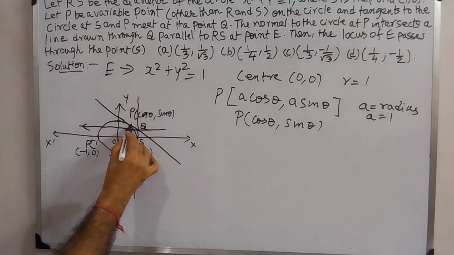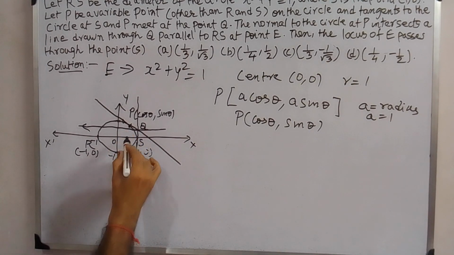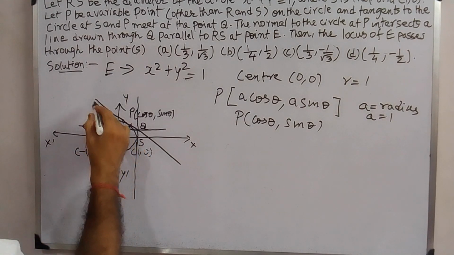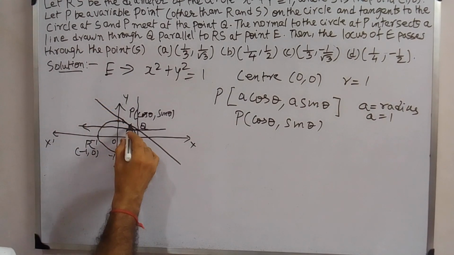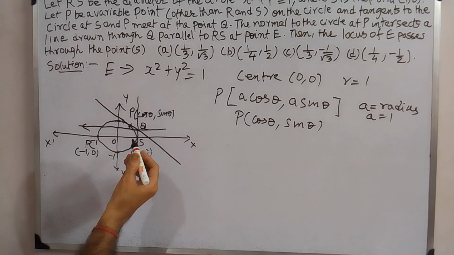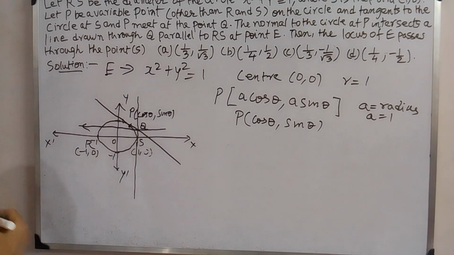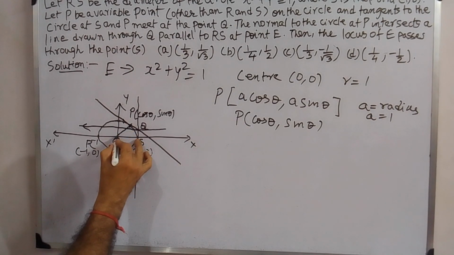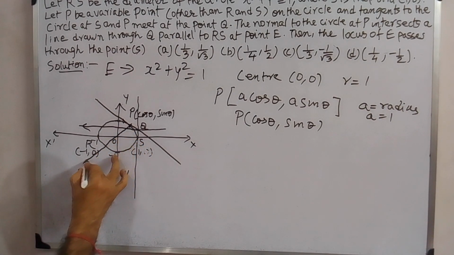Okay, so remember, what is a normal? Normal is a line which is perpendicular to the tangent, at 90 degrees to the tangent. So a line perpendicular to the tangent of a circle always passes through the center of the circle. So the normal of the circle always passes through the center.